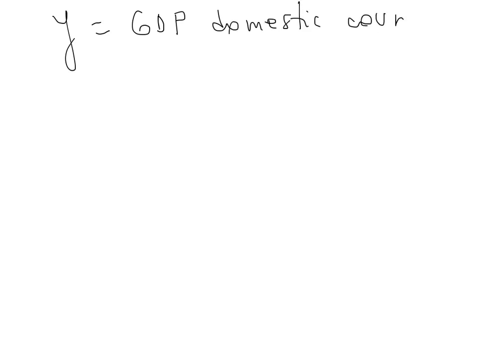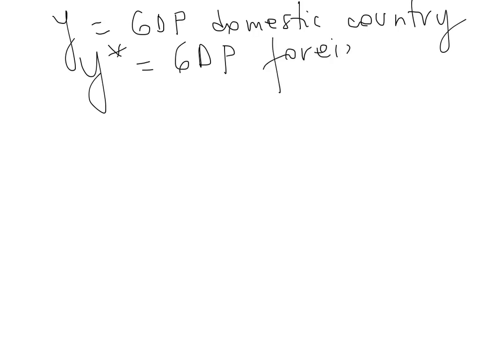Now let's define Y as GDP for the domestic country and Y star as GDP for the foreign country, or Y as GDP for the United States, Y star as GDP for any other country: Canada, China, Japan, and so forth.